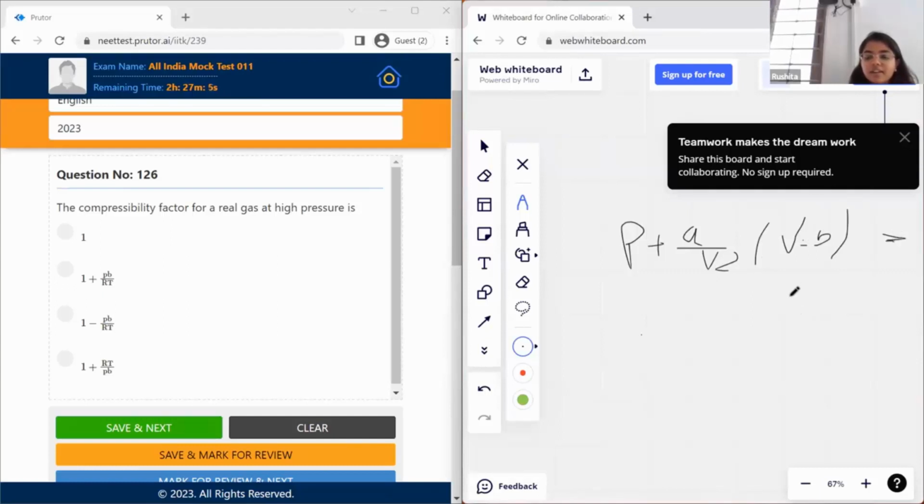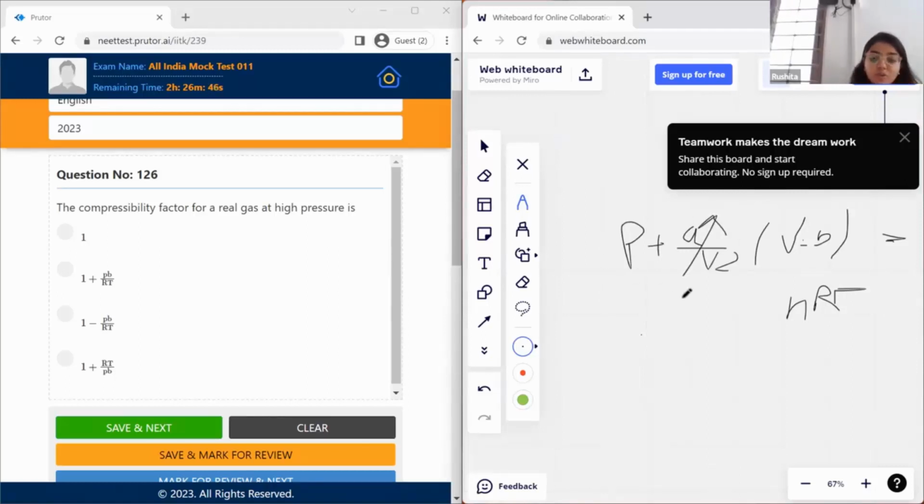So we need to know the factor at high pressure. At high pressure, a/V² can be neglected. So a/V² becomes 0, so we can neglect it.